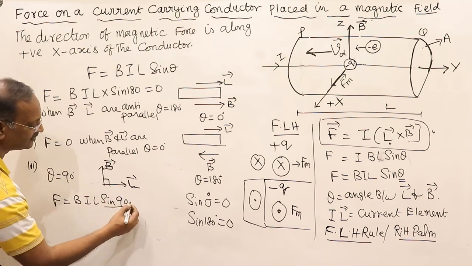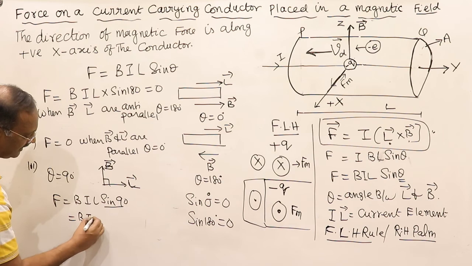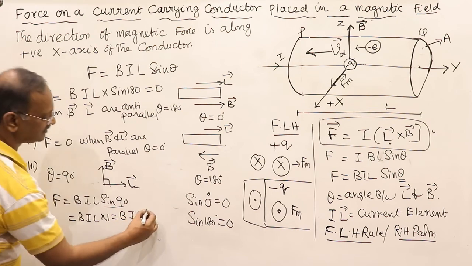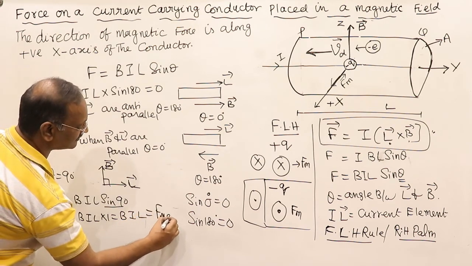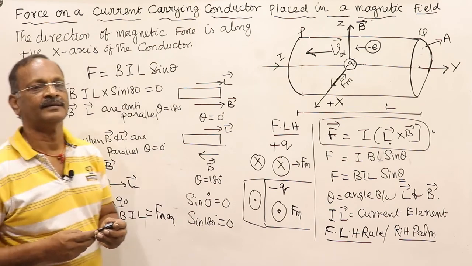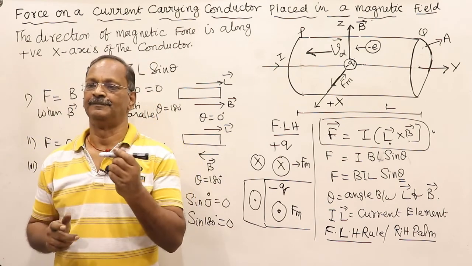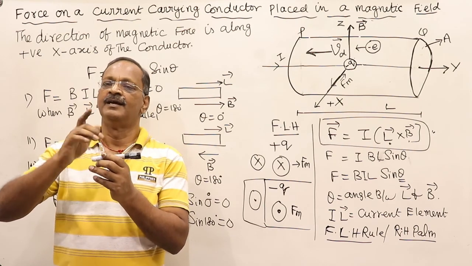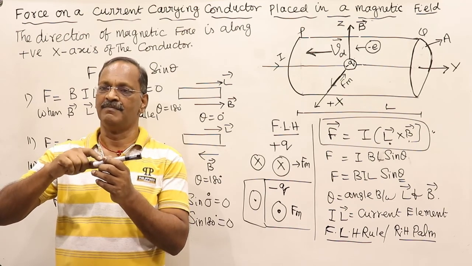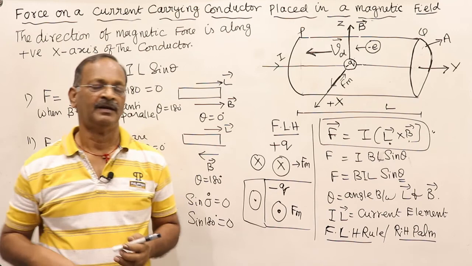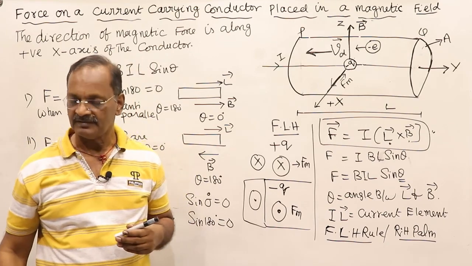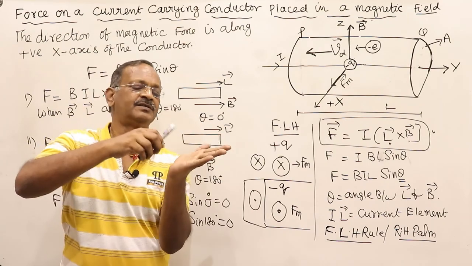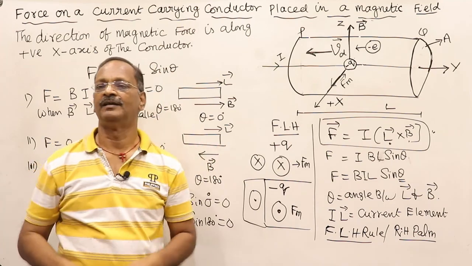Since sine 90 is equal to 1, F is equal to B into I into L. It means F is equal to F maximum. When the conductor is this way and the magnetic field is in this direction, this conductor will experience maximum force due to this magnetic field. But if they are either parallel or anti-parallel, the force on the conductor due to this magnetic field will be 0.